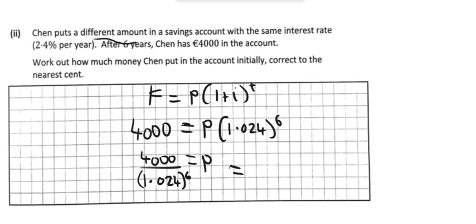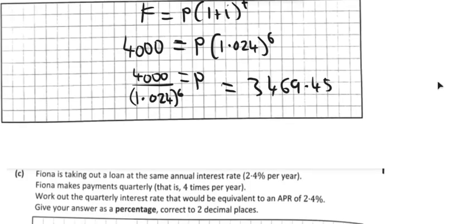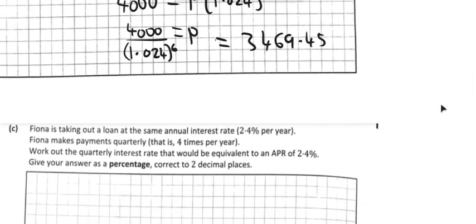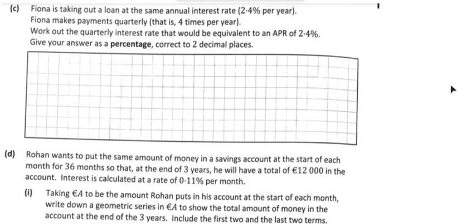And that should give you your answer. So we get 3,469.45. So that should be it. It's to the nearest cent as well.